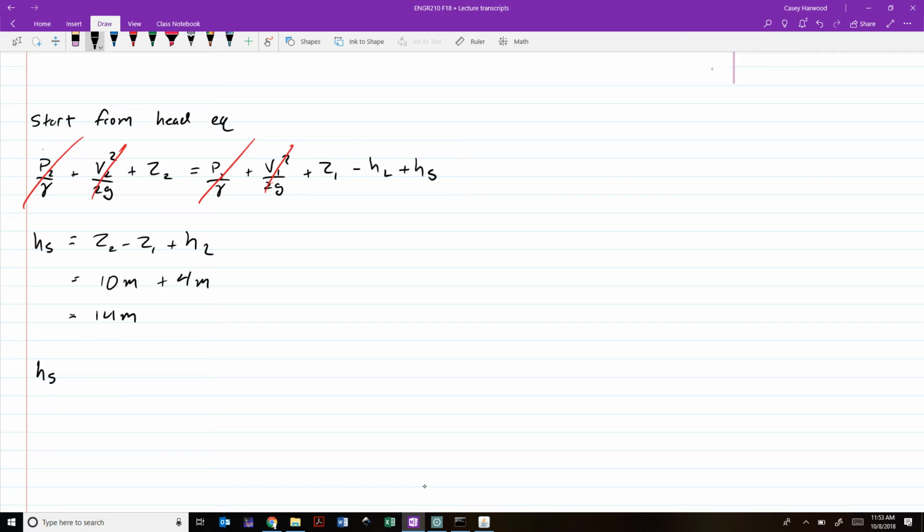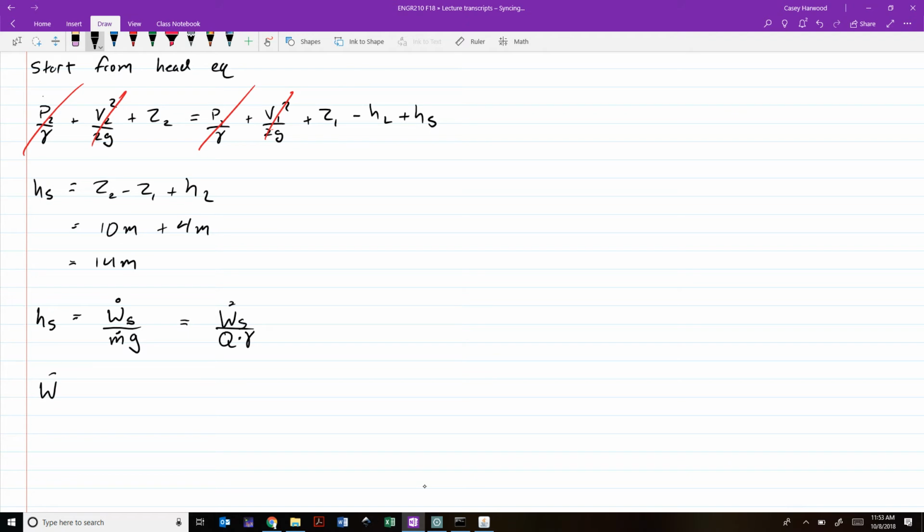So if H sub s is equal to W sub s over M dot times G, we could also write this as W sub s over Q times gamma, right?